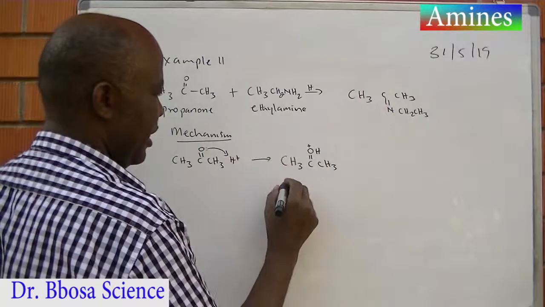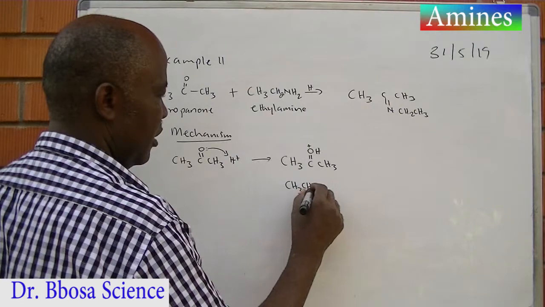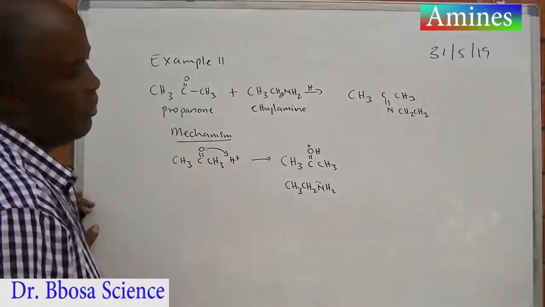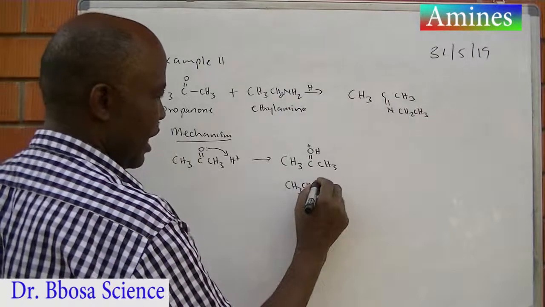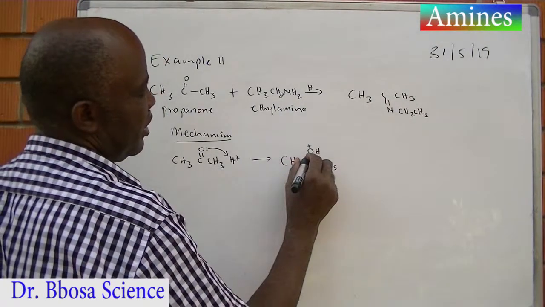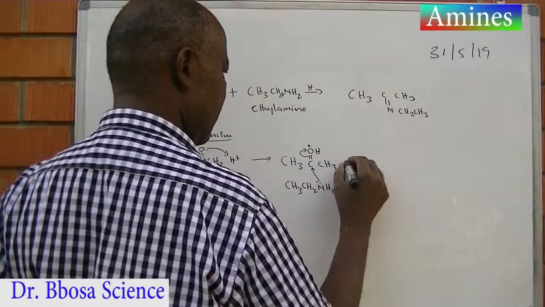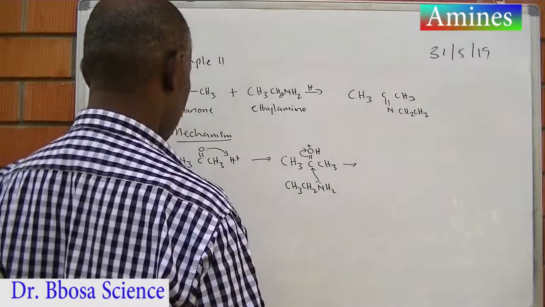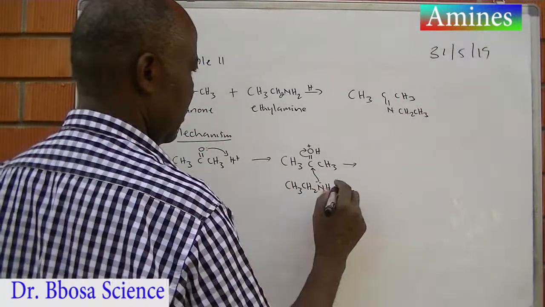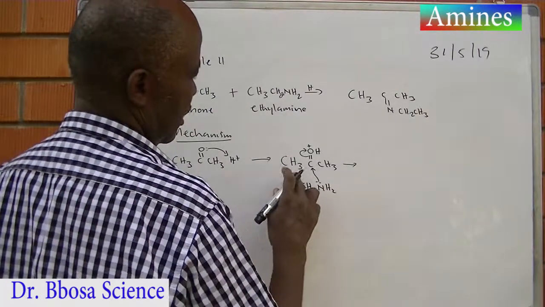Then the amine uses a lone pair on the nitrogen atom to attack the carbonyl carbon. Then this bond goes. This bond will go.